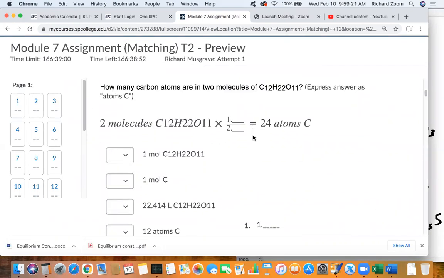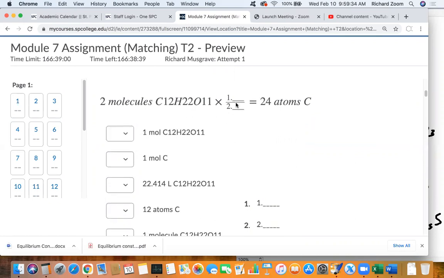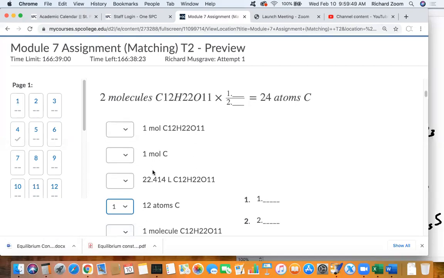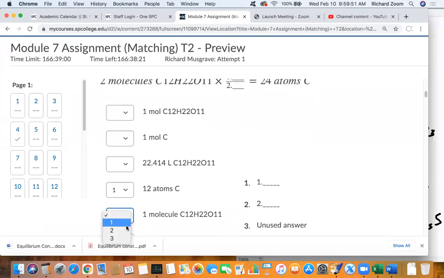So let's look at something like this one. How many carbon atoms are in 2 molecules of C12H22O11? So you've got the answer here, but you need to show the setup and what goes in each slot. So we're looking for what goes in 1 and what goes in 2. And what it's going to be is, let's see, 12 atoms of C will go on top, and on the bottom will be one molecule of C12H22O11.